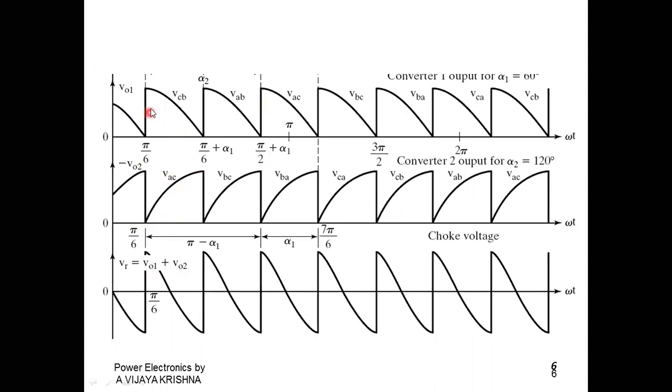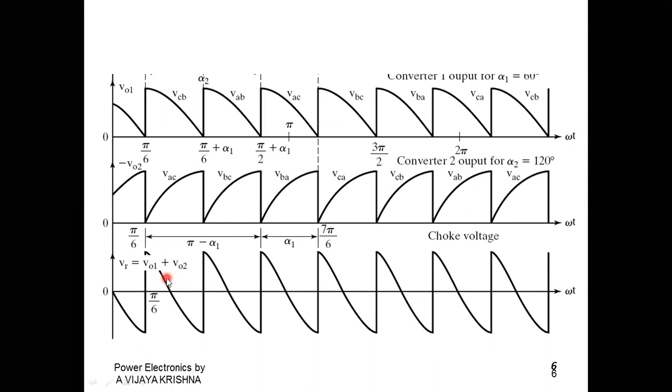If a magnitude difference occurs, the resultant voltage changes. V naught 1 minus V naught 2 is possible, that is, either V naught 1 is greater or V naught 2 is greater. That is nothing but the difference. Whenever the difference occurs, there is a possibility of circulating current flowing within the two converters. Therefore, this is possible only within the converter circuit, not in the load.